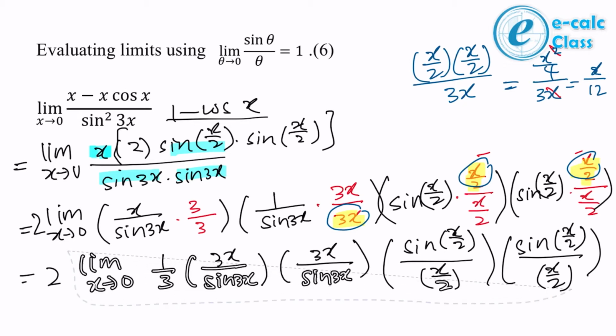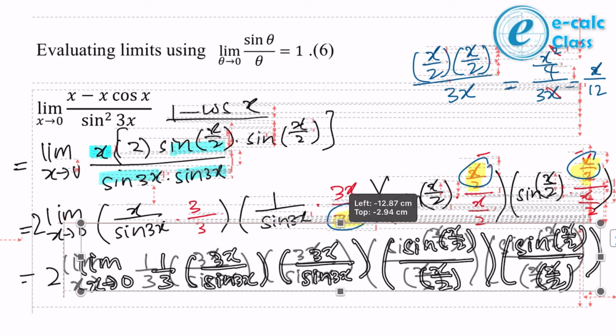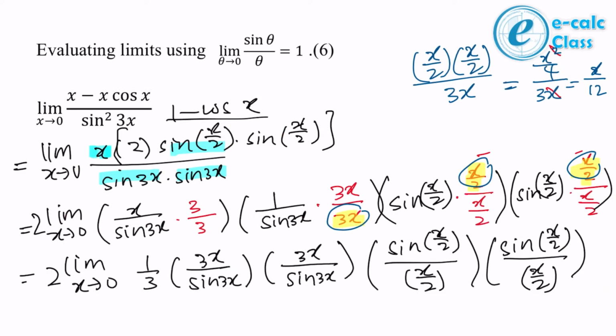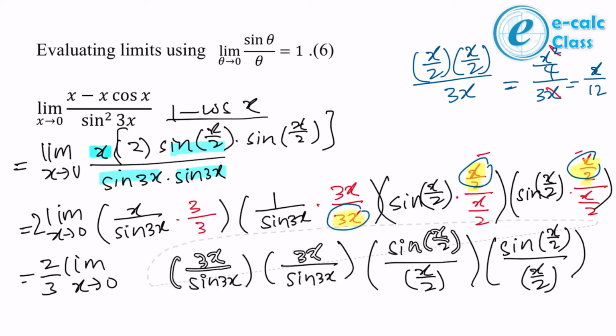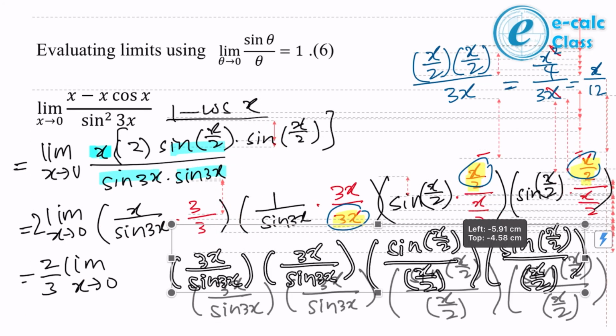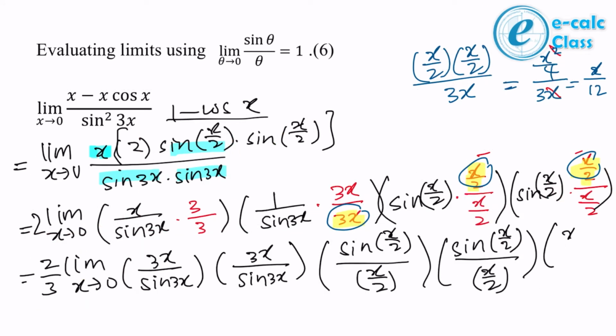Let me shift this a little bit. The 1 over 3 I also bring outside, 2 over 3. I hope you can understand how I manipulate this. And last but not least, multiply with x over 12. Then we continue.